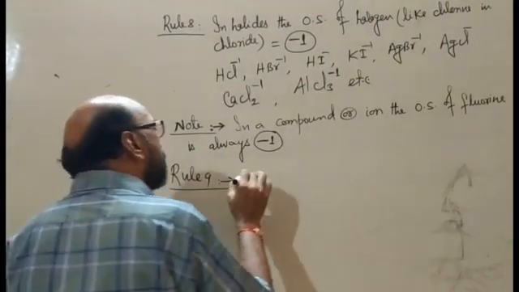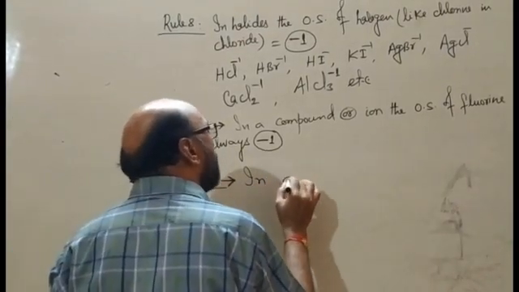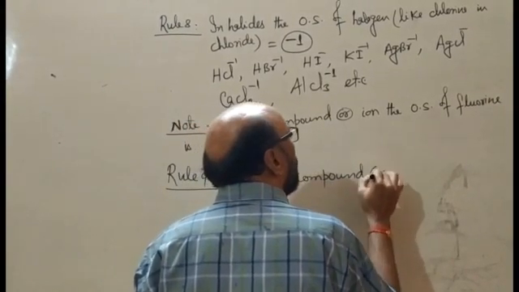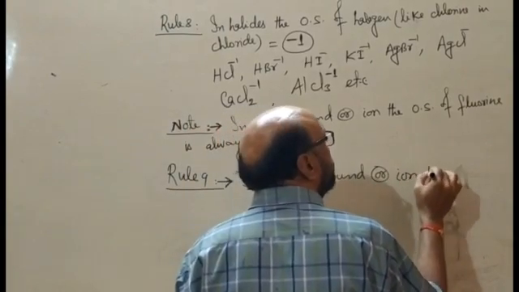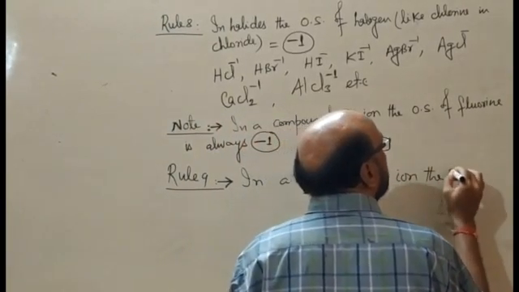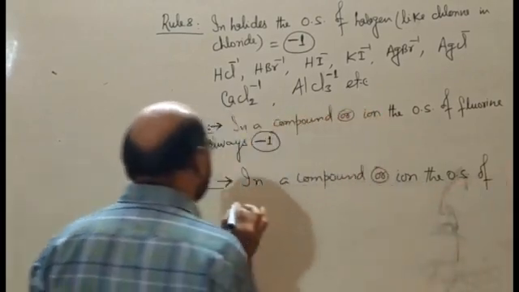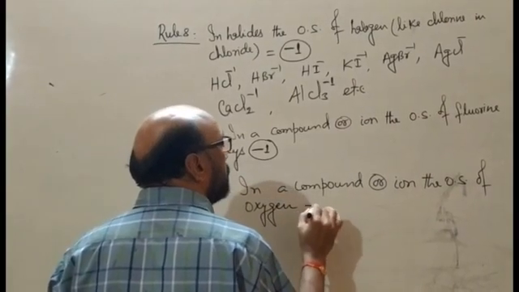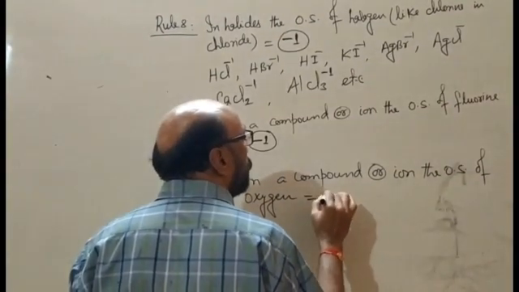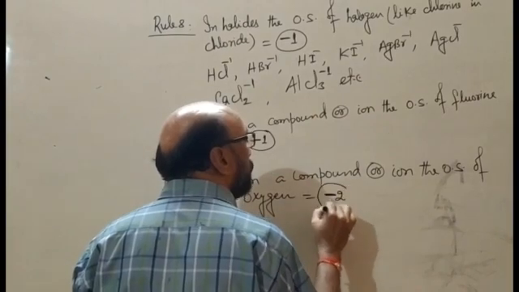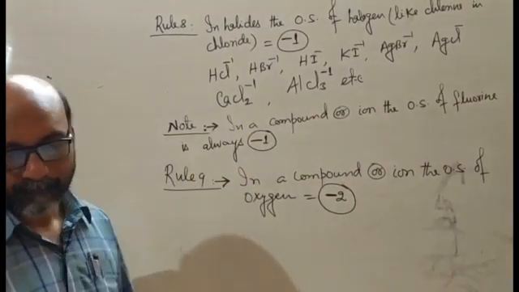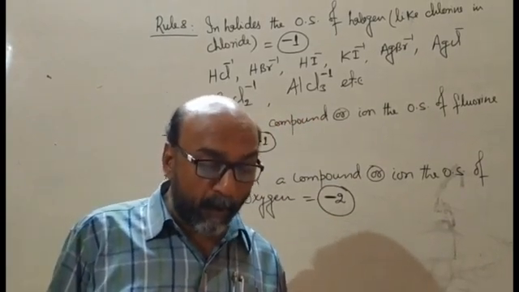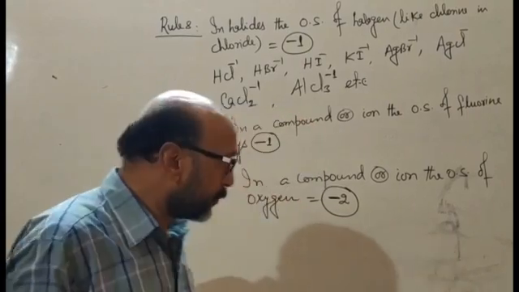In a compound or ion, the oxidation state of oxygen is equal to minus 2.